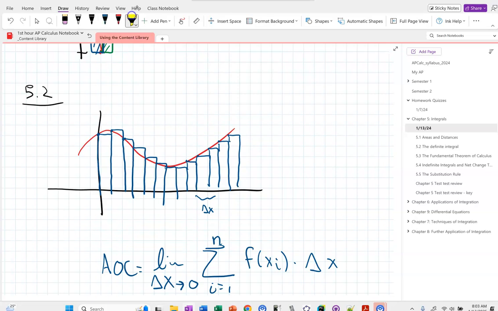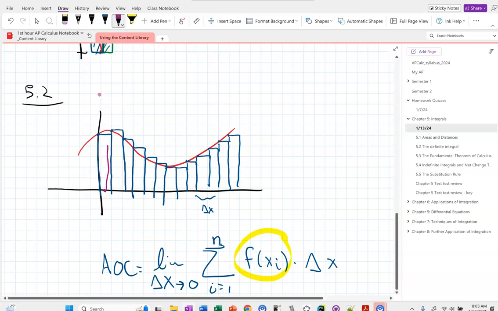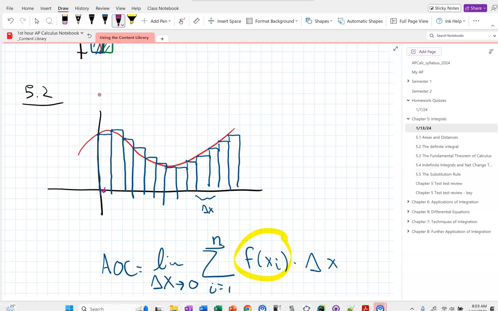And it turns out here, I just called this f of xi when I drew pictures with left-hand Riemann sums. It turns out it doesn't even matter what point you use, whether it's a left or a right, or any arbitrary point inside that interval. If I use that as the height of my rectangle, I'll get the same exact answer, because once my rectangles become infinitely narrow, they're all the same point, right?